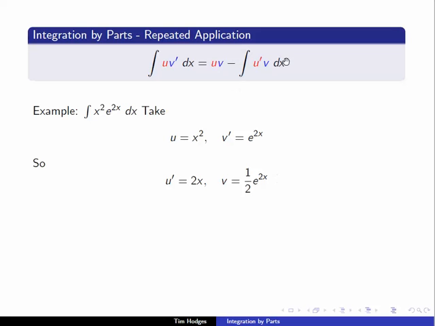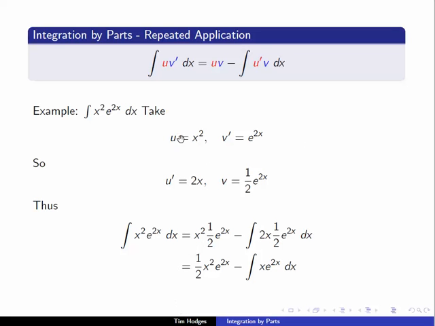We plug all this into the formula. uv is x squared times 1/2 e to the 2x. U prime v is all this stuff here, 2x times 1/2 e to the 2x. So we get 1/2 x squared e to the 2x minus the integral of x e to the 2x dx. So here's exactly what I've been describing.